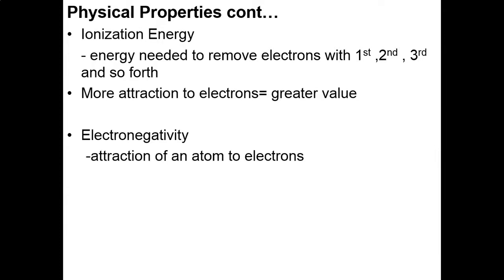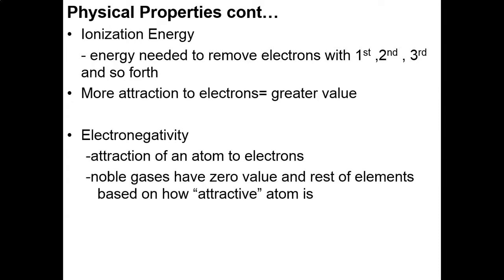Because as you go down a group, the atom gets bigger, and the bigger it is, the less attraction to electrons, the lower the ionization energy, the lower the electronegativity. But as you go up, fewer shells, smaller size means more attraction. More attraction means higher ionization energy and higher electronegativity. So noble gases have zero because they're not attractive.